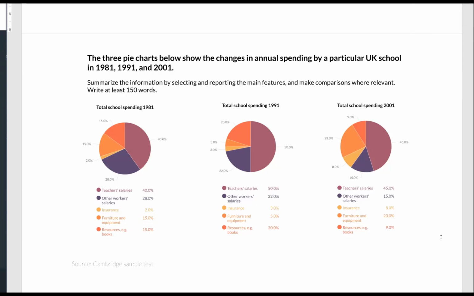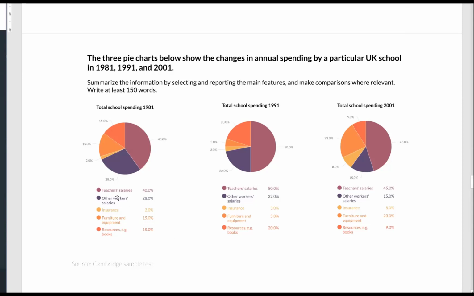School spending on teachers' salary. That's it. Teachers' salaries as a percentage of the budget changed. But the salaries themselves, we have no idea what they were. Is that difference clear? Yeah.